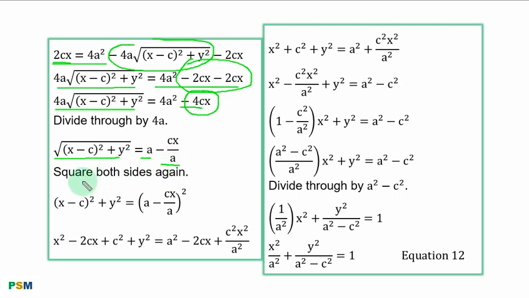You have to square both sides again. When you do that, the square root will disappear after squaring it, equal to the square on the right hand side. You come here and expand. You have this result plus y squared equal to, if you expand this term correctly, you have it in this form.